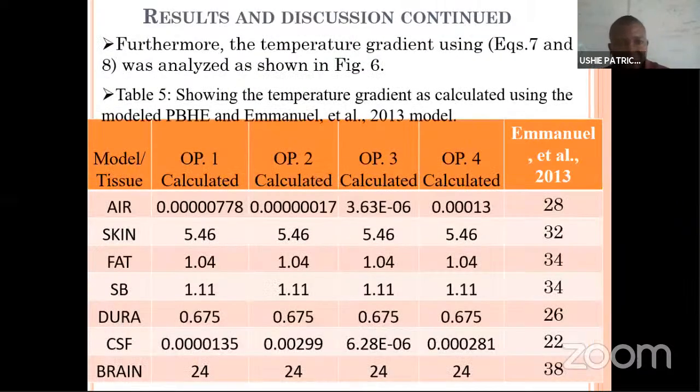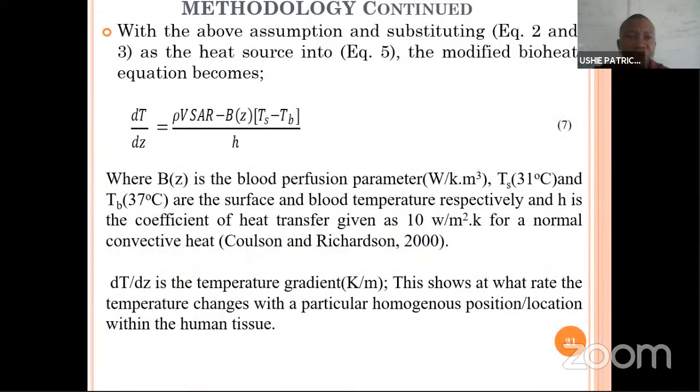We arrive at this. Operator 1 is one of our networks here in Nigeria. I've displayed 4 different networks, but I didn't want to call names because of the ethical condition. So operator 1 is one of the networks, operator 2 is one of the networks, and operators 3 and 4 are different networks. We collected those readings and used equation 7 as our heat source.